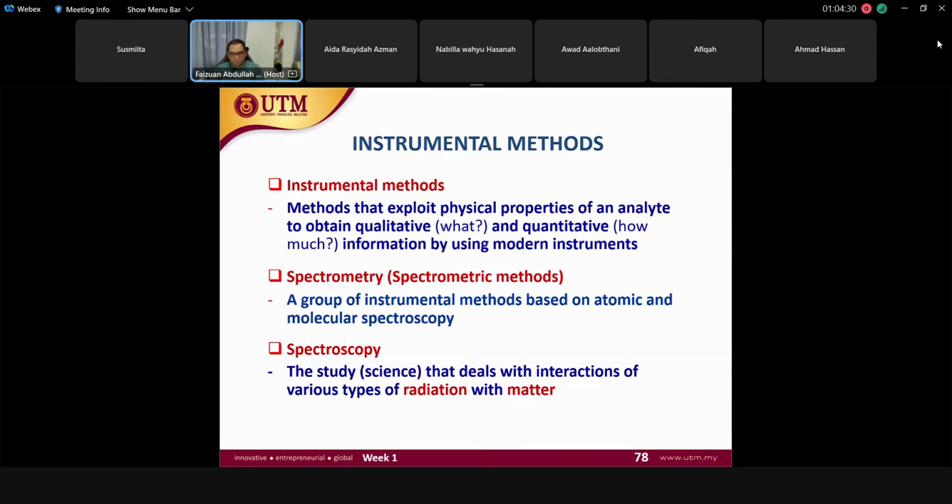Wrong or right does not matter, we are discussing in class. So what is your idea? It states here that the instrumental methods for spectroscopy are based on atomic and molecular. What is atomic and what is molecular? It is important to have a very rough idea before we proceed to the instruments.